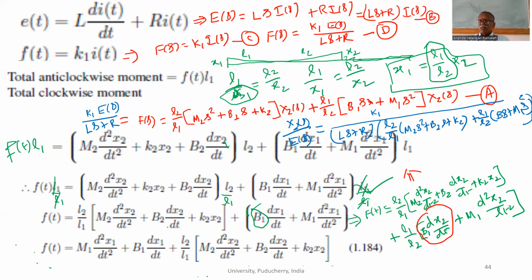That's all. This is the transfer function of the given mechanical system, assuming that x2 is output and E is input. Applied voltage is the input. This is the transfer function model of the given mechanical system.